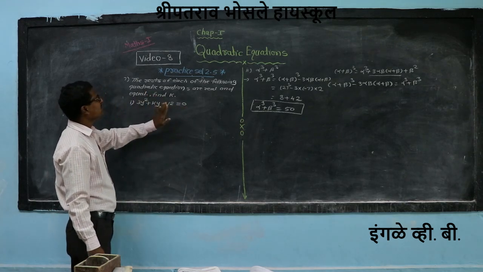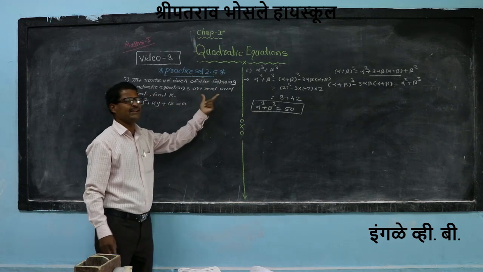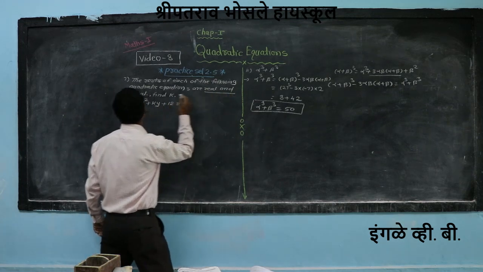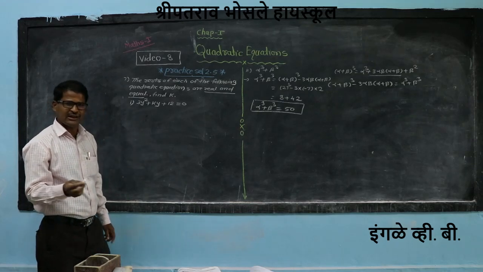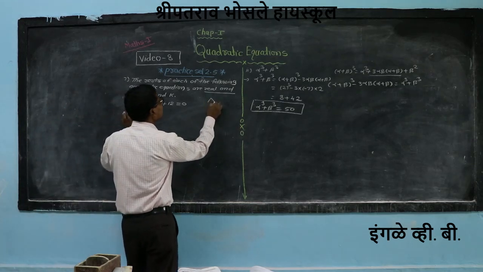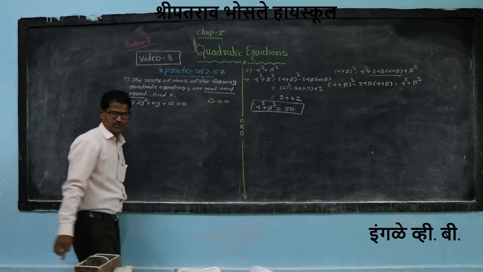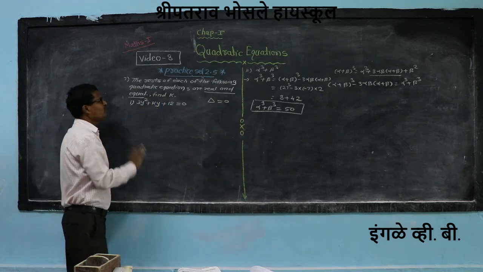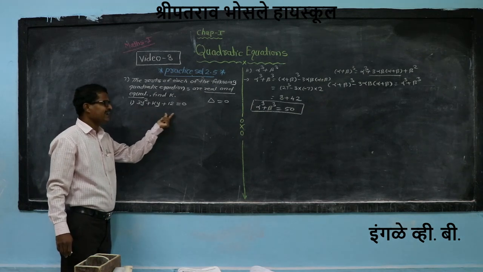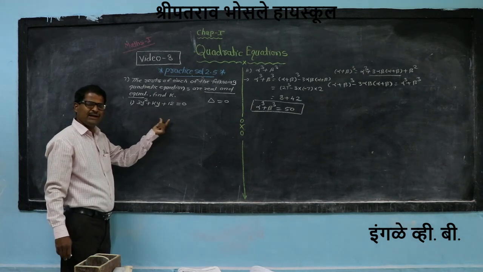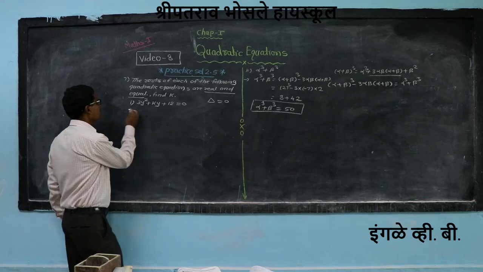Here the condition is that the roots of the quadratic equation are real and equal. If the roots of the given quadratic equation are real and equal, it means delta is equal to 0. So first we have to find from this equation the values of a, b and c, and find the value of the discriminant.